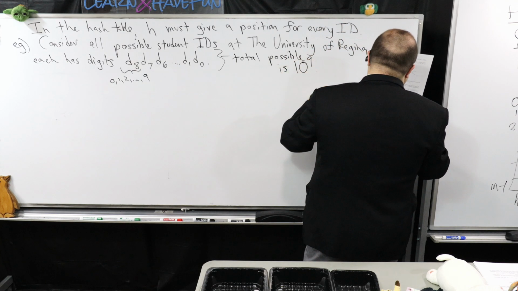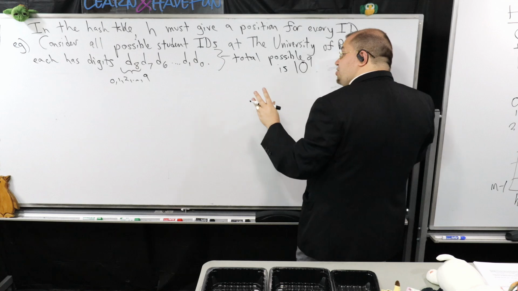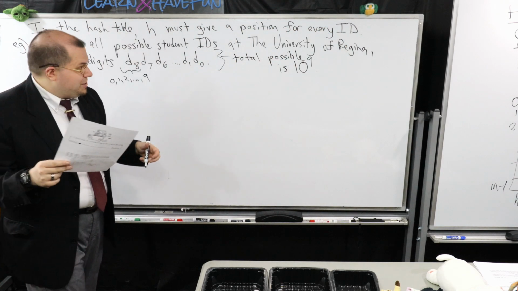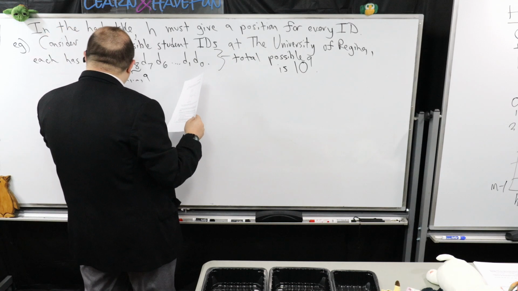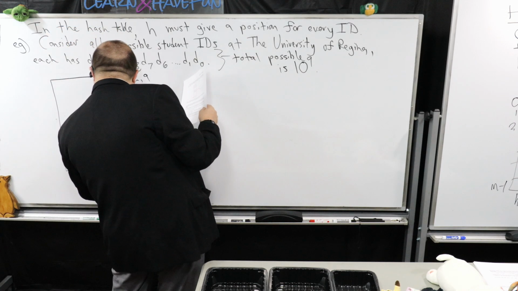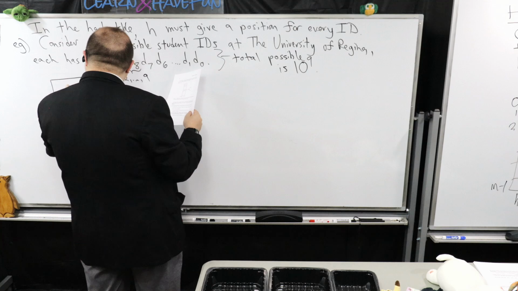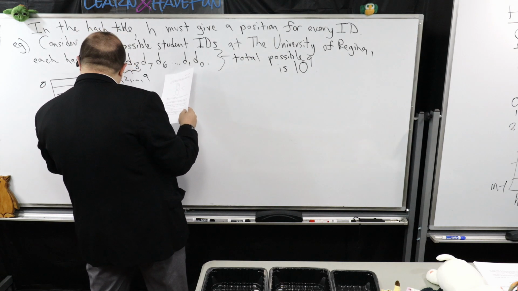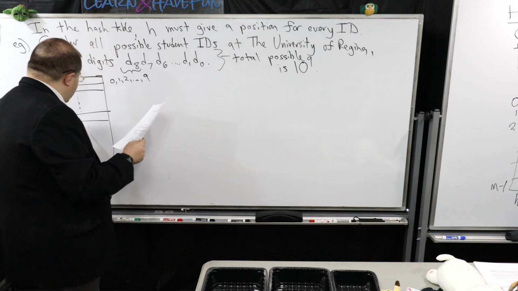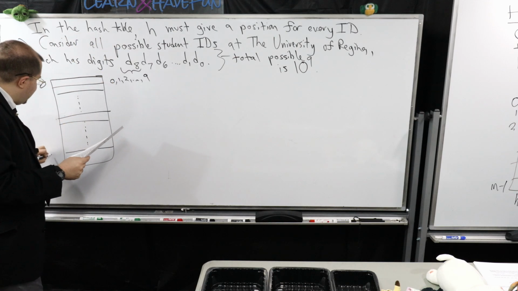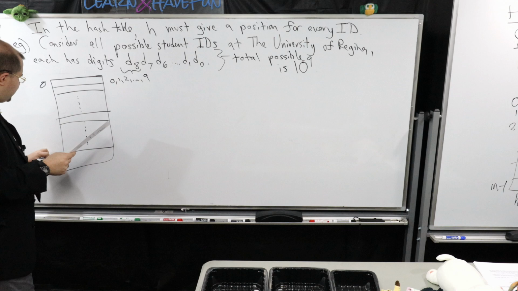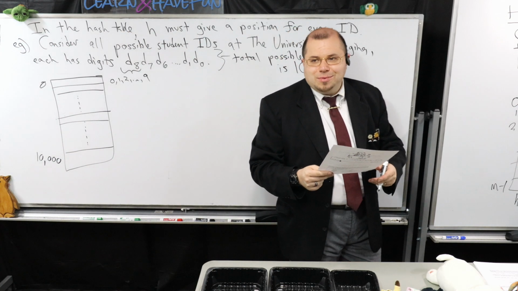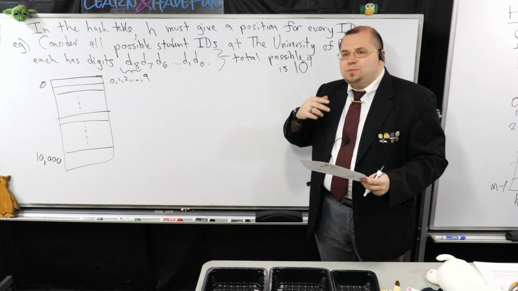That's rather big, right? Which I must stress is much bigger than the table itself that I'm going to present to you. Suppose that this table has 10,001 slots in it.